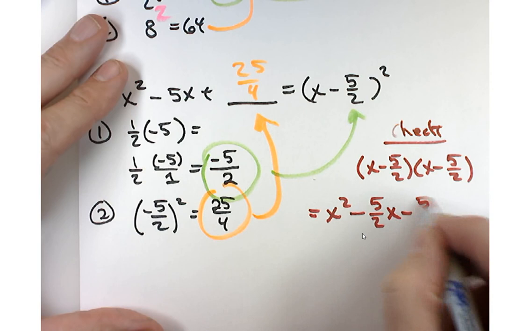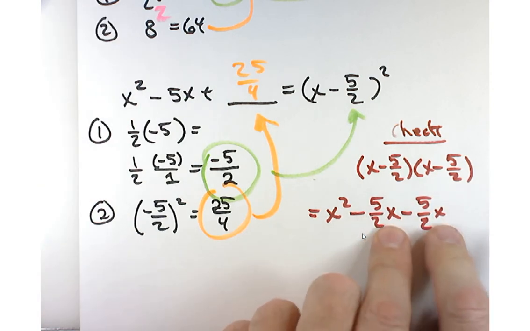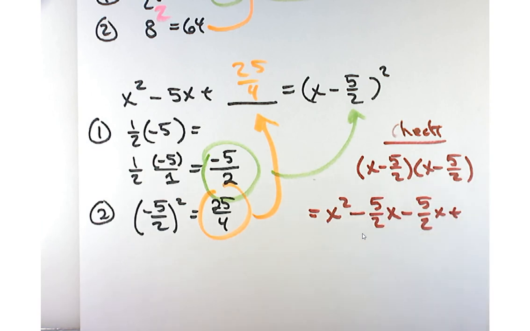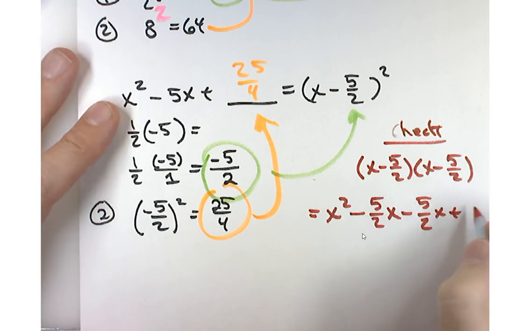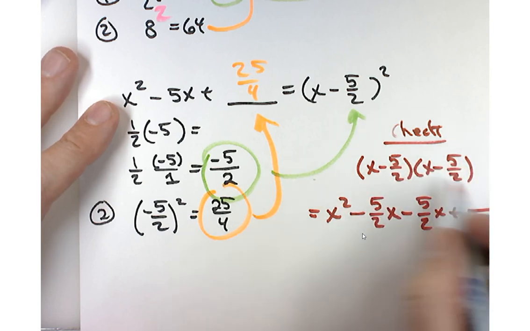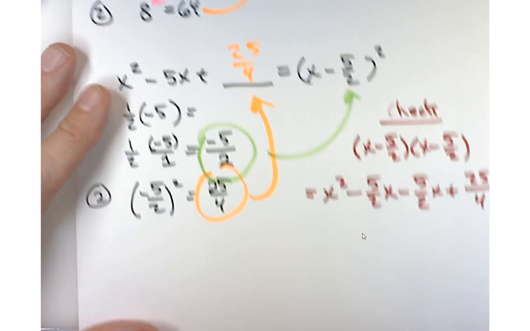It's kind of funny, in my morning class, I checked three people in a row and they all left out this x. This is an interesting coincidence. How about the last terms? Negative 5 halves times negative 5 halves gives me 25 over 4. Well, 5 times 5 would be 25, 2 times 2 would be 4.